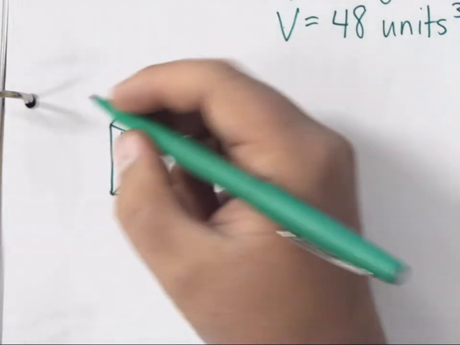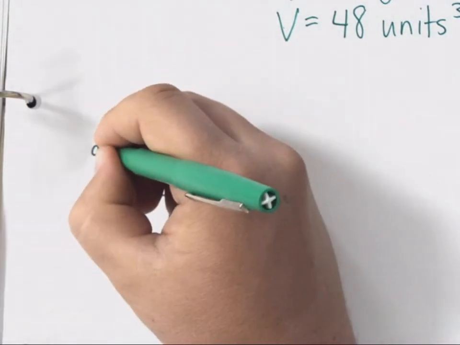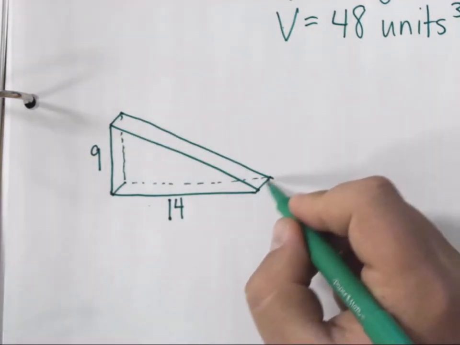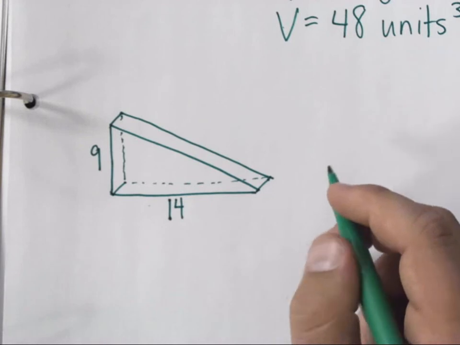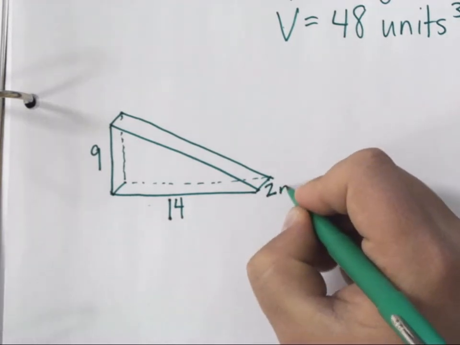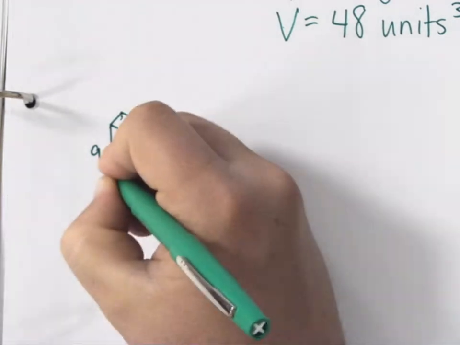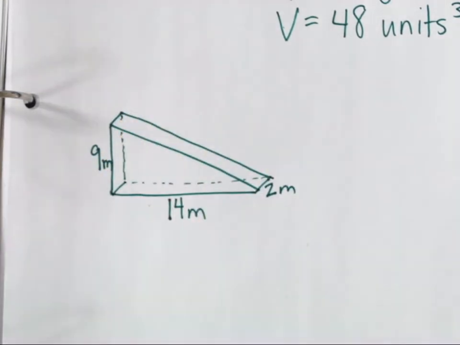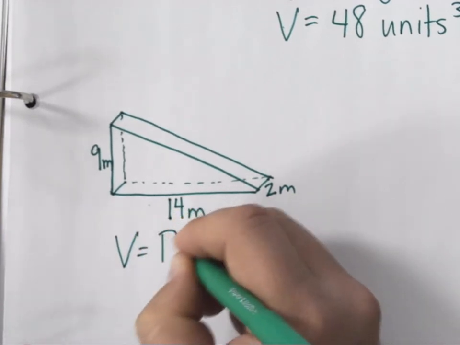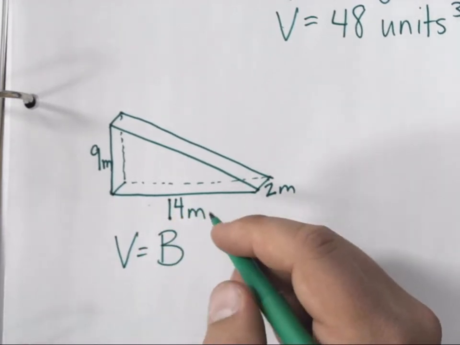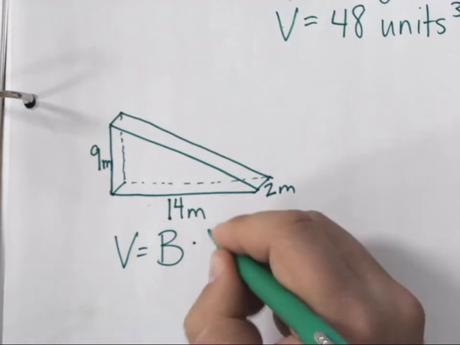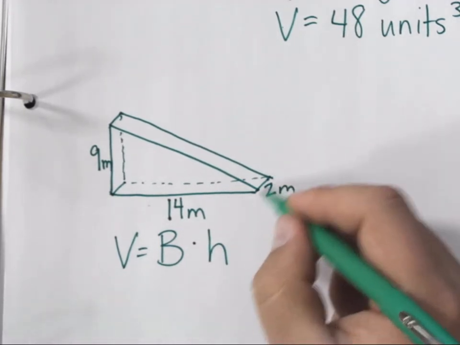That's the base. The height is 9. And then the height of this prism is 2. And this is all in meters. So remember this is going to be V equals capital B for the area of the base, which is base times height divided by 2, times the height.